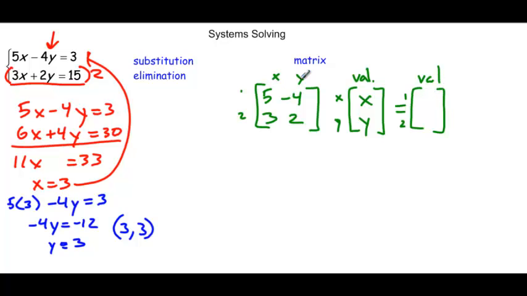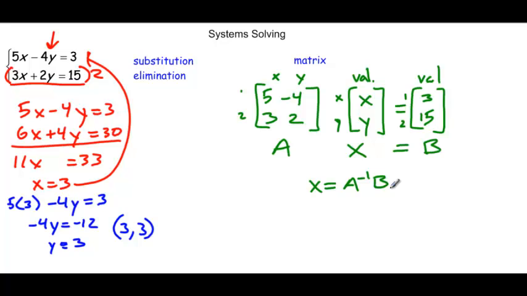So notice the row and columns cancel out, and we have equation values over here. So this is going to be 3 and 15. So this is that whole matrix A times matrix X is equal to matrix B. And once we see this format, we simply do X is the same as inverse of A times B. And we simply plug this into our calculator.